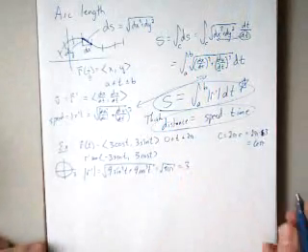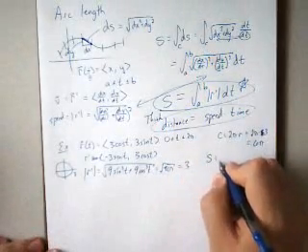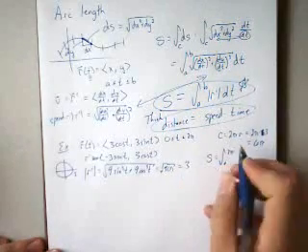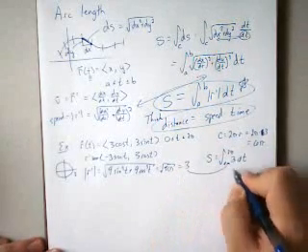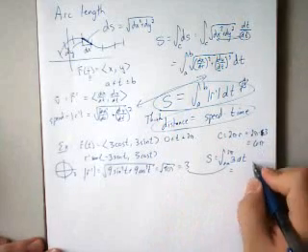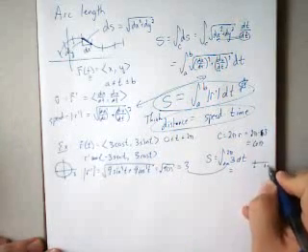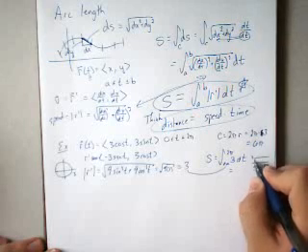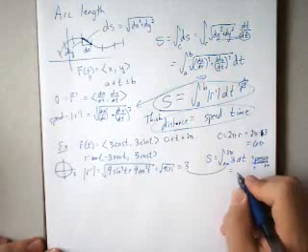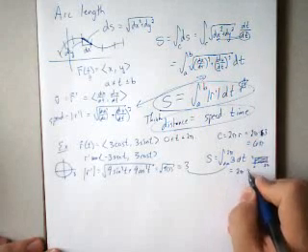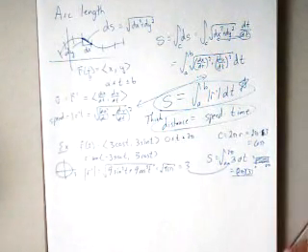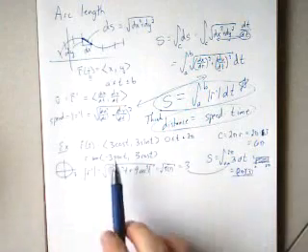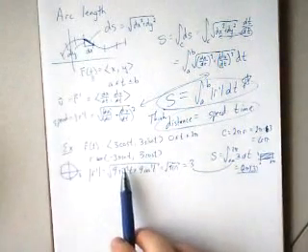Which means the arc length is the integral from 0 to 2 pi of the speed dt, which happens to be an integral from 0 to 2 pi of the number 3. That's a rectangle, which is 2 pi wide, 3 long. We just proved that the circumference of a circle is 2 pi r. We could have replaced the 3 with any arbitrary number, and that would have given us essentially the same formula.